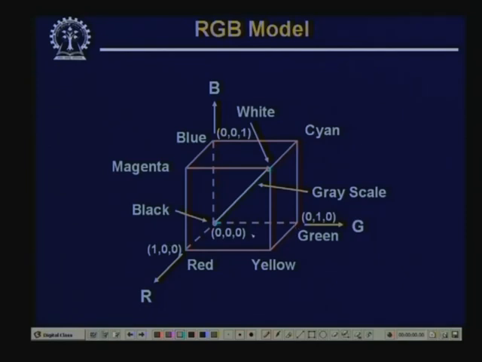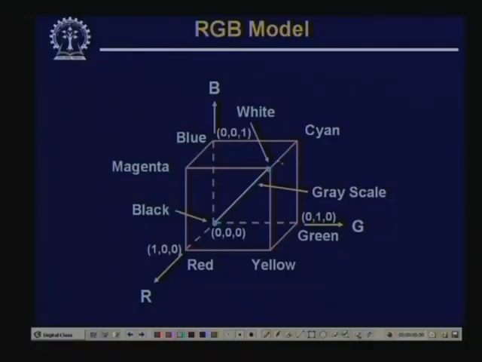Green is located at 0 1 0, where both red and blue components are equal to 0 and the green component is equal to 1, and blue is located at the vertex 0 0 1, where both red and green components are equal to 0 and blue component is equal to 1.